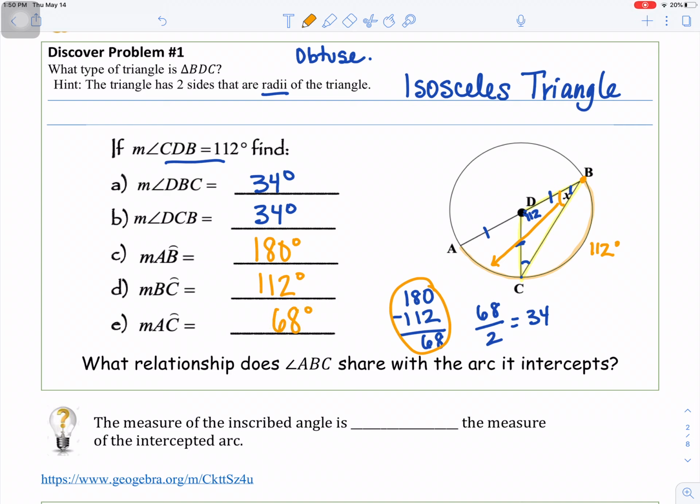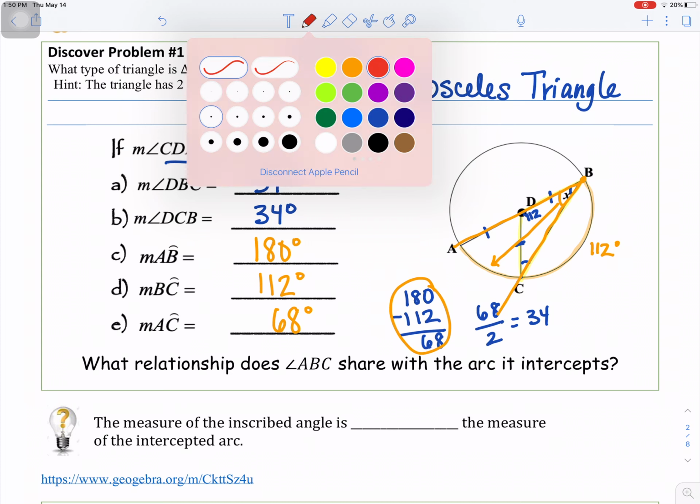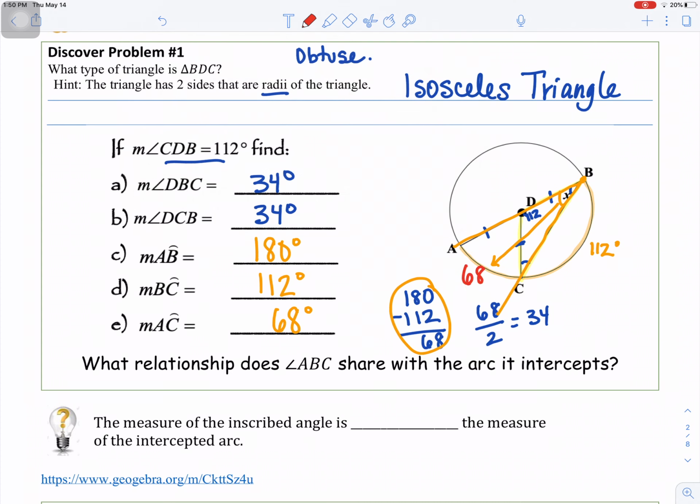So now the question is, what is the relationship between the inscribed angle and its intercepted arc? The arc here, I'm going to change colors so you can see, is 68. And the angle here is 34. Maybe this can give you a hint as to what the relationship is.